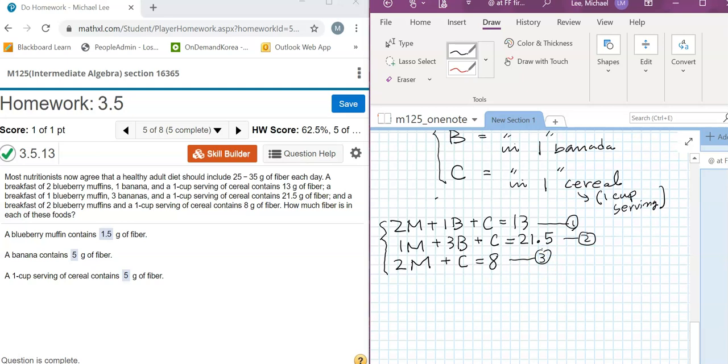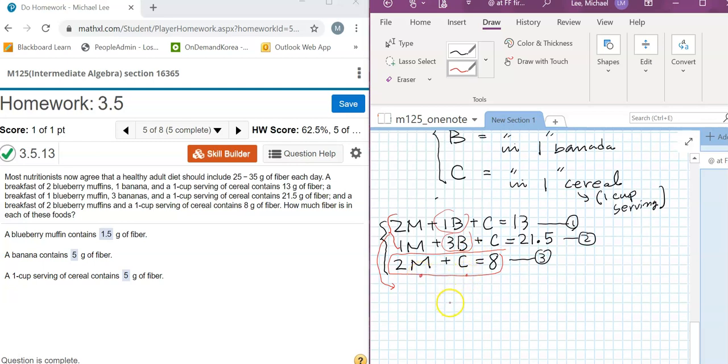So now when I look at this set of equations, this third equation, B is not in there, right? That means you work with these two equations and eliminate B. This B and this B need to get canceled. So I get an equation in M and C only.